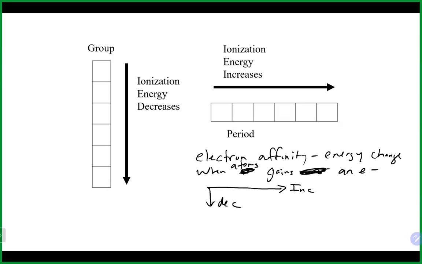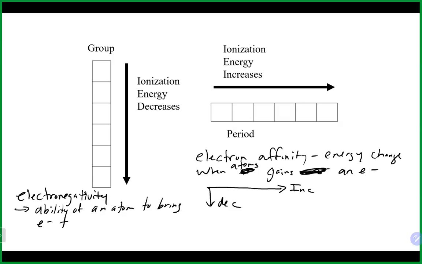Another really important trend that falls with all these guys is something that sounds very similar, but it's a little bit different, what's known as electronegativity. And electronegativity is the ability of an atom to bring electrons towards itself.